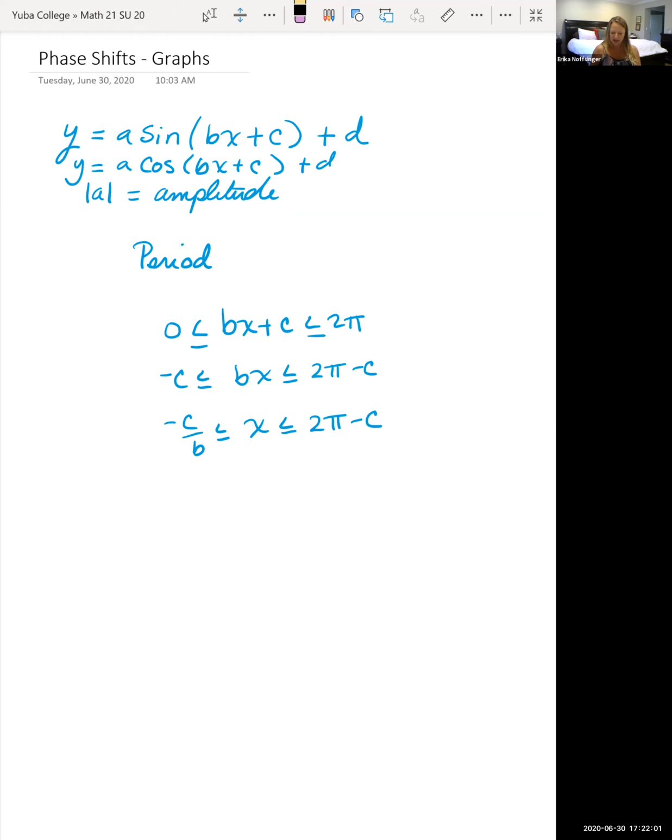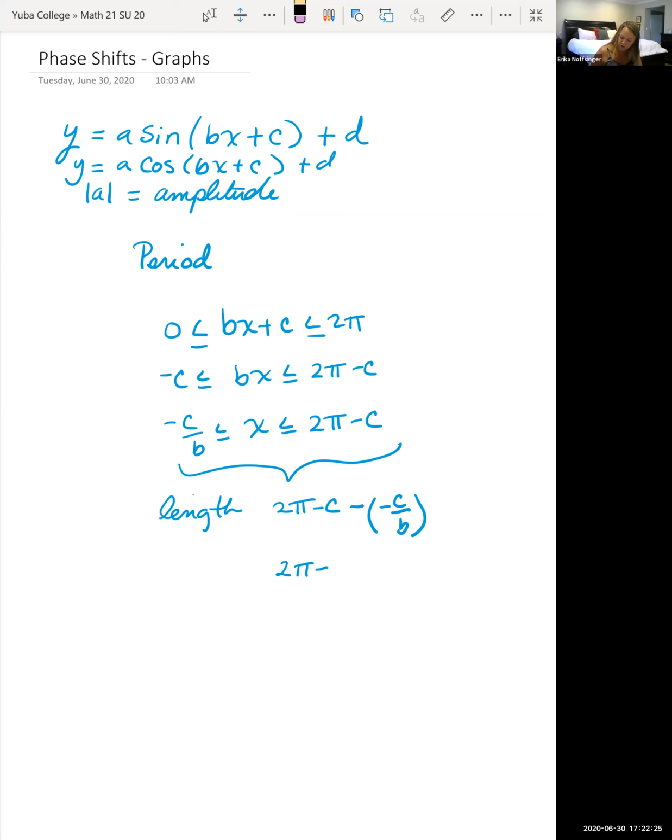And so that length was from our end value, 2 pi minus c, minus our start value, which was negative c over b.